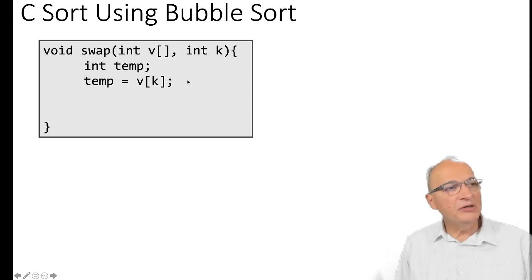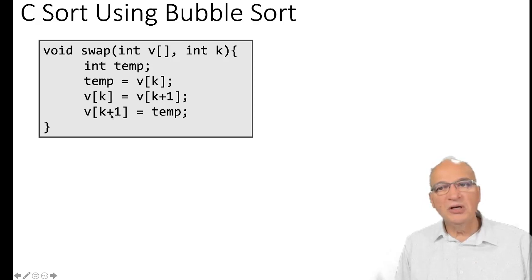And the way I'm going to do the swap is taking the value of the position k of the array v and putting it into that temporary. Then I'll take the value of the position k plus 1 and put it into the position k. And then I'll take the temp and put it in the position k plus 1. I'm sure that you have implemented swapping before in many of your programs.